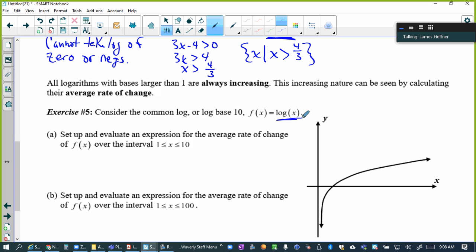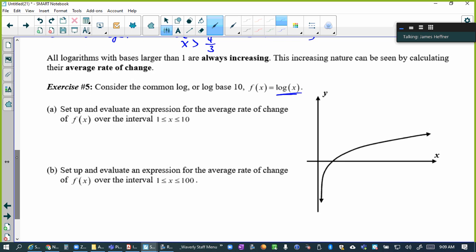So we need to find f of 10, because they want the average rate of change from 1 to 10. That would be the log base 10 of 10. What's the log base 10 of 10 equal to? It would be 1, just 10 to the first equals itself.